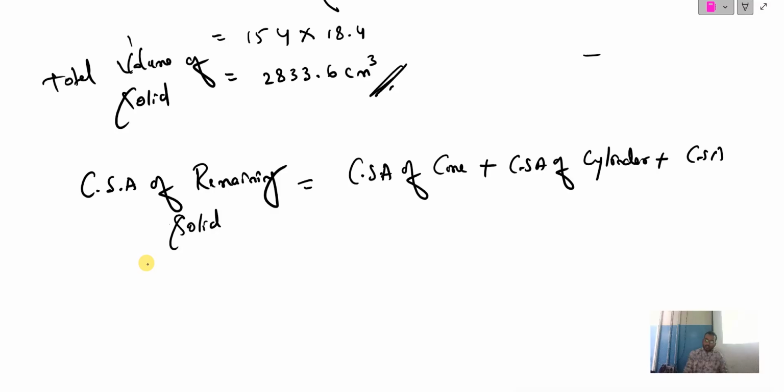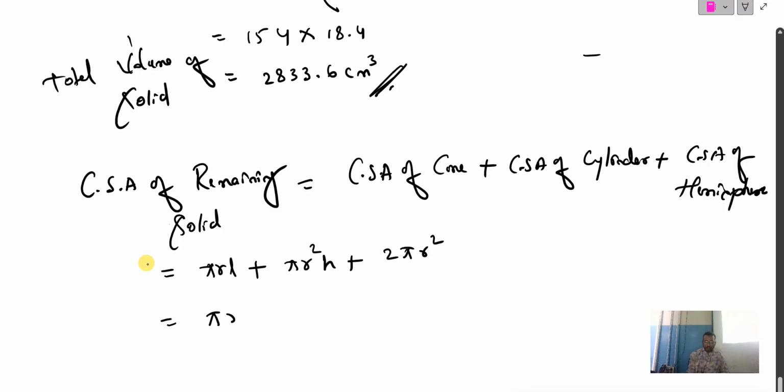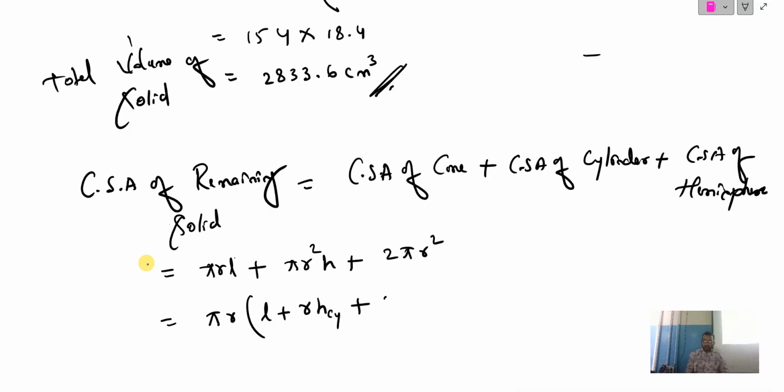Now pi is 22 by 7, radius 7 into slant height 25 plus radius 7 into height of cylinder 31 plus 2 into 7. 7 gets cancelled. 22 into 25 plus 7 ones are 7, 7 threes are 21, 7 twos are 14. So 22 into 25 plus 2 17 plus 14.